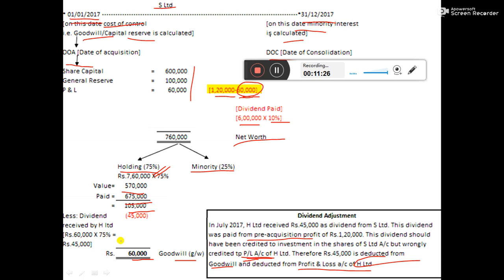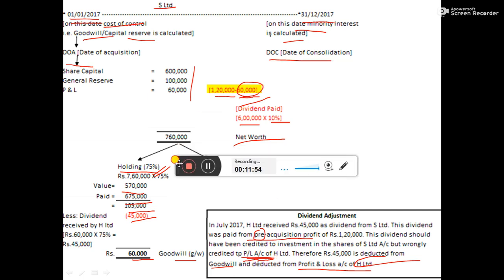Only this adjustment will come, and nothing else will come. We are just deducting only because it is mentioned that it is credited. If suppose the dividend was, instead of pre, post acquisition profit, then there will be no adjustment of this kind because it has to be credited to profit and loss account at H Limited.